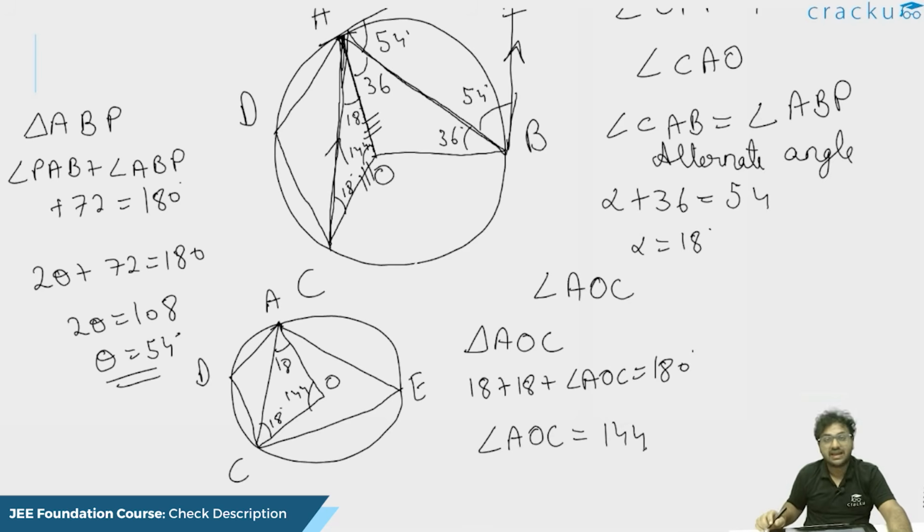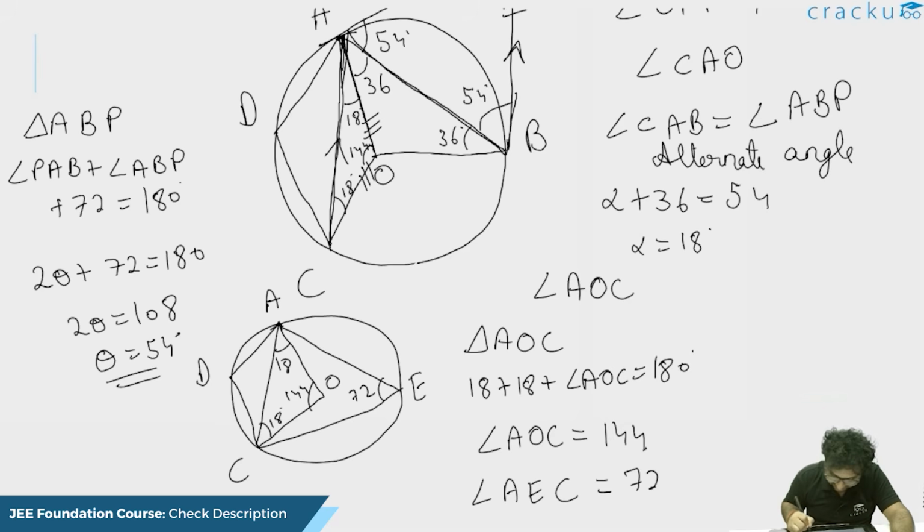So what will be the angle AEC? We studied that the angle formed at the center by a chord is 2 times the angle formed at the circle. So this would be 144 by 2, which is 72 degrees.